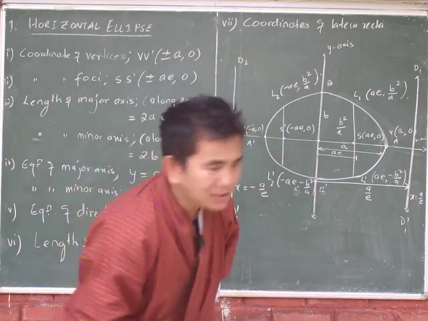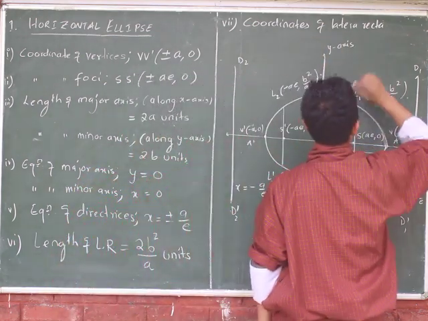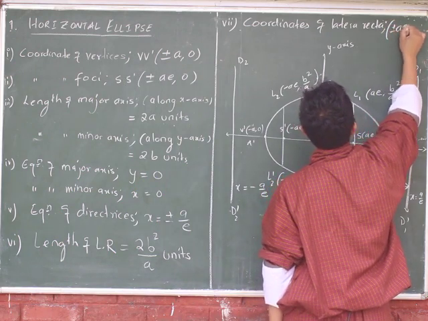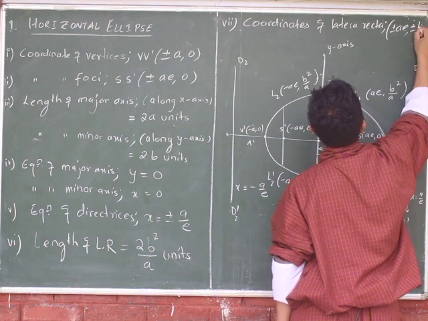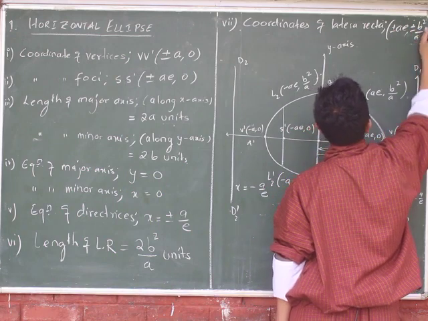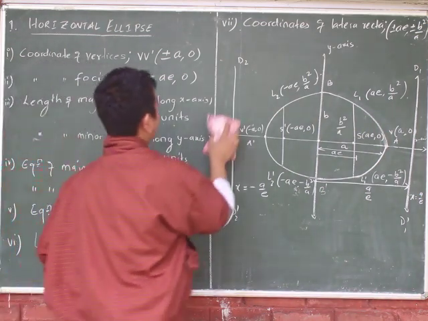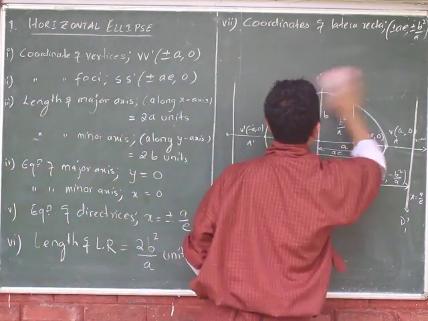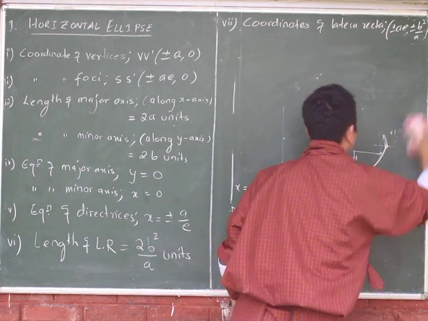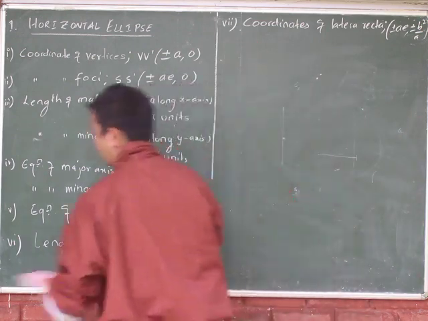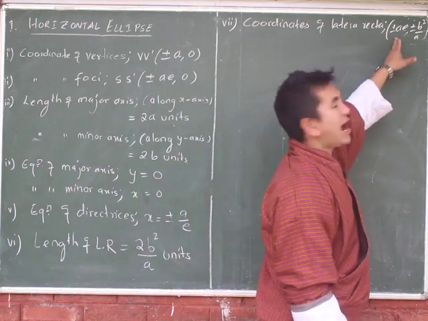Or otherwise, when you write coordinates of lateral recta, you will write plus or minus ae, comma, plus or minus b square by a. Now you don't need this, okay? Because the focus lies on the x-axis.